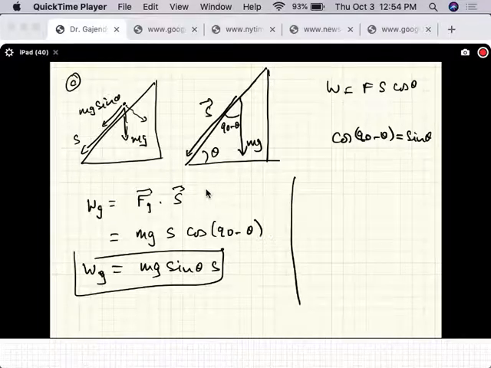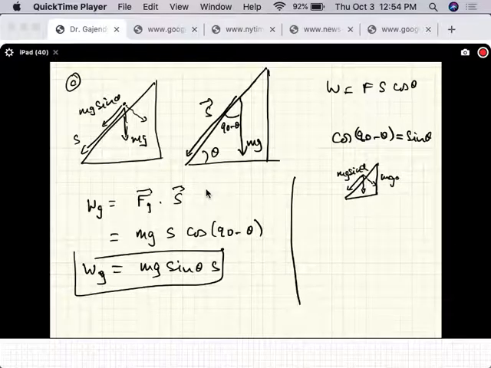Also, you can write it like this. I don't know if I'm confusing you, but I'm just showing you two different ways of doing it. Here's gravity, and it can be broken up into two components, mg sine theta and mg cosine theta. This component does no work, only this component does work, and that component is parallel to the displacement.